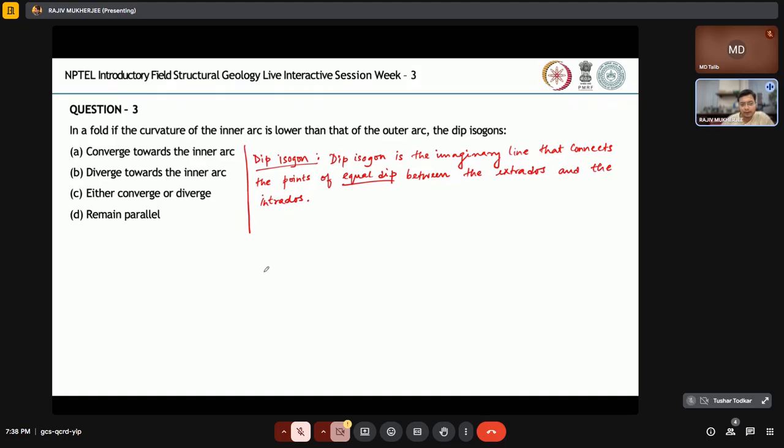So if I follow the description, this kind of fold we are talking about. So this is the intrados and this is the extrados.